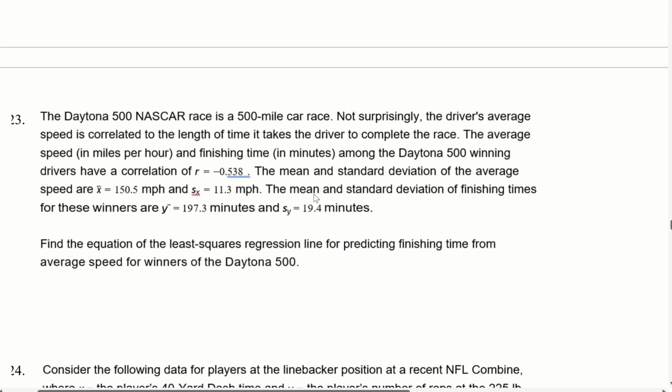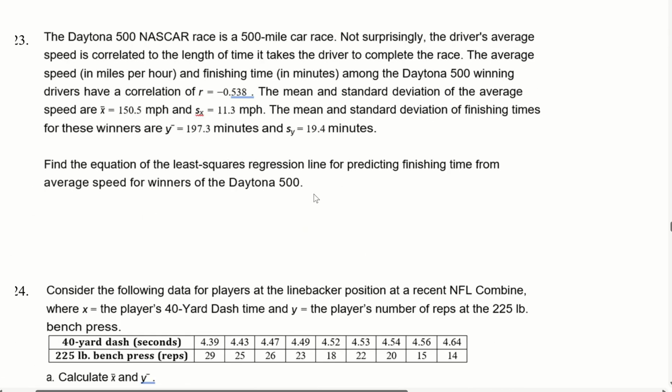All right, so the next one, 23. The Daytona 500 NASCAR race is a 500-mile race. It says, not surprisingly, the driver's average speed is correlated to the length of time it takes to complete the race. Okay, so the length of time is x, and the speed.